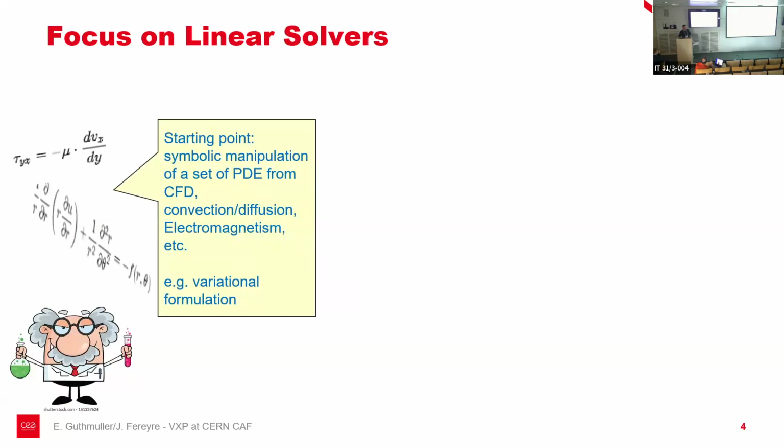So as I said, we propose extended precision for HPC applications, namely linear solvers. We'll focus on this now. The starting point is PDE equations. You probably know this kind of thing, and we formulate them in a variational form.